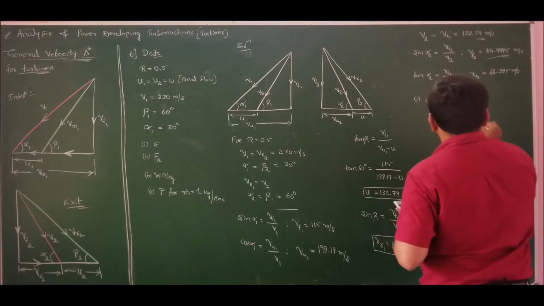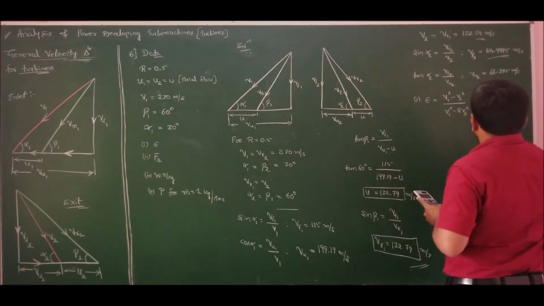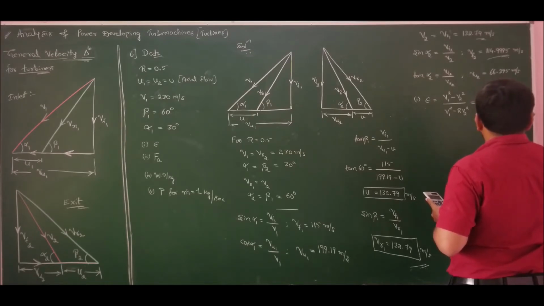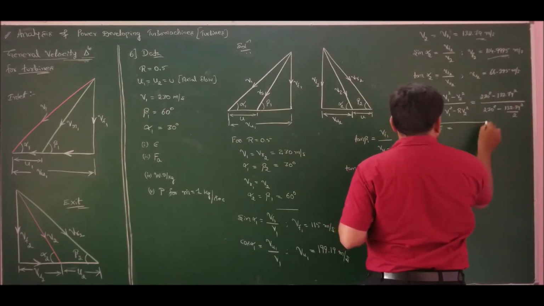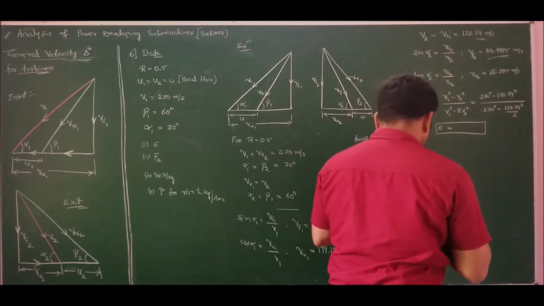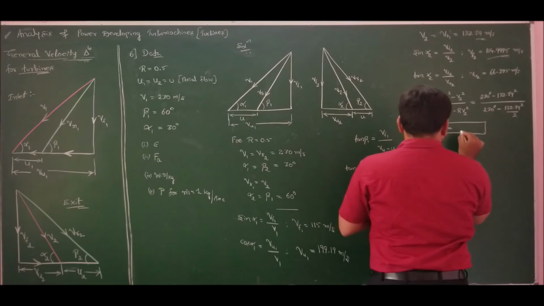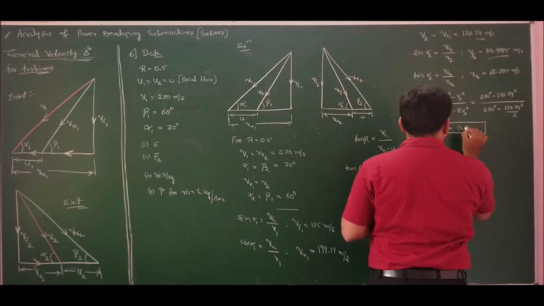If we substitute the values, we have V1 as 230 square minus V2 as 132.79 square, divided by 230 square minus V2 square by R. Sorry, R is 0.5, so I can write it as V2 square by 2. If I solve, I will get the utilization factor for this problem as 0.8.